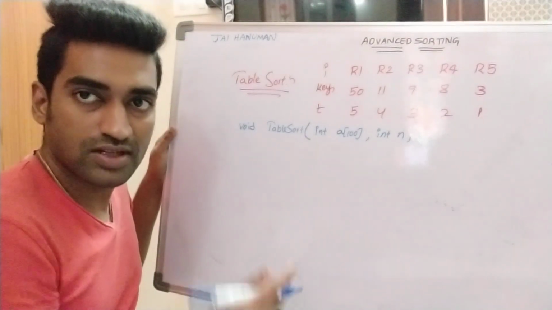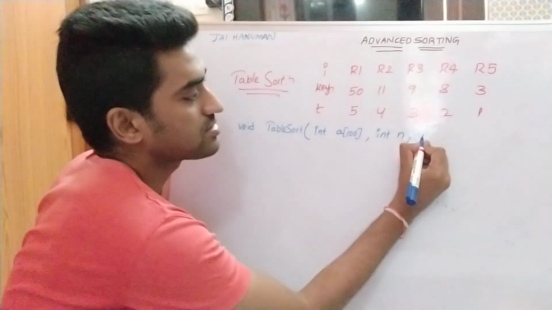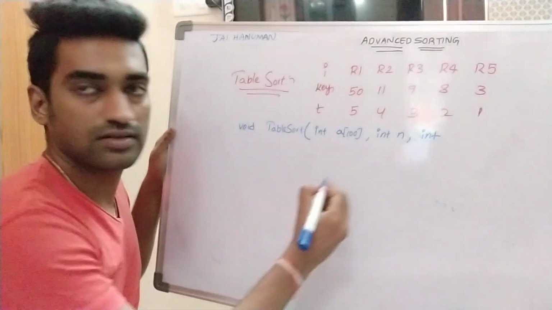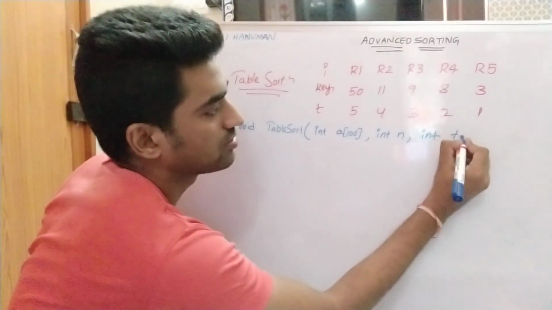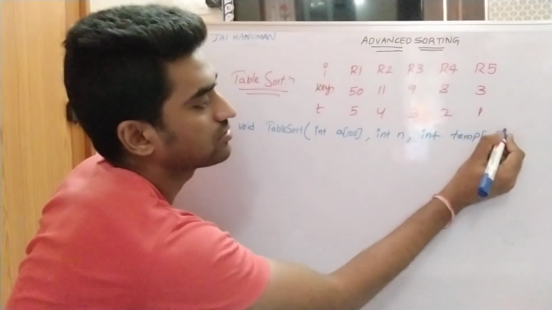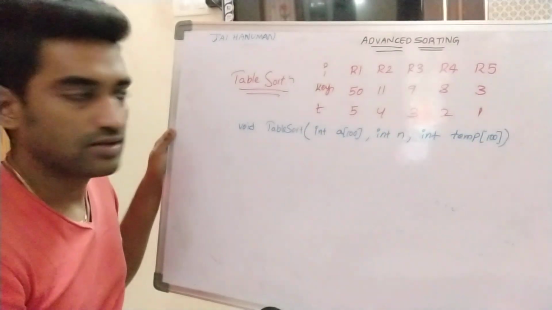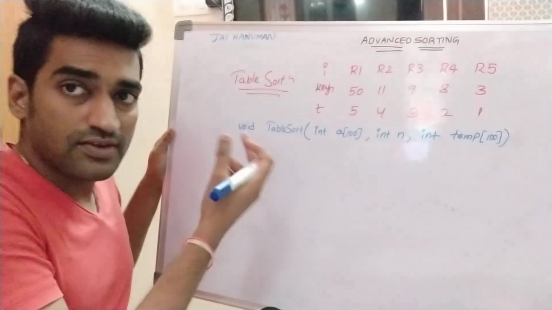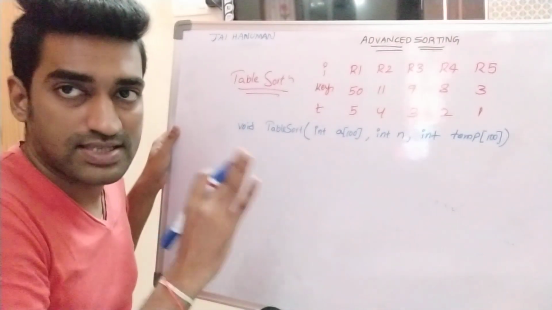For table value storing purpose, we are considering one more array, int temporary of 100. This function definition is only applicable for non-trivial cycles.